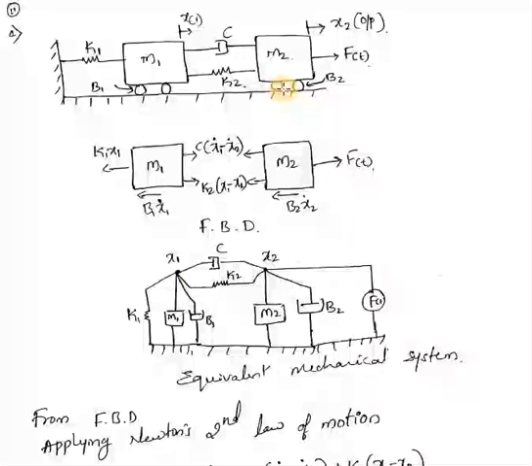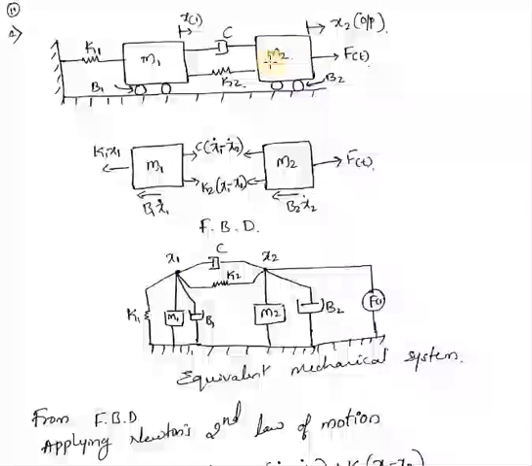And we are asked to take x2 as the output. Basically, if it is not mentioned which one is the output, then directly take x1 as the output, because the output will always be what happens last. As you can see here, this f of t is acting on M2. First, the initial displacement will be on M2.